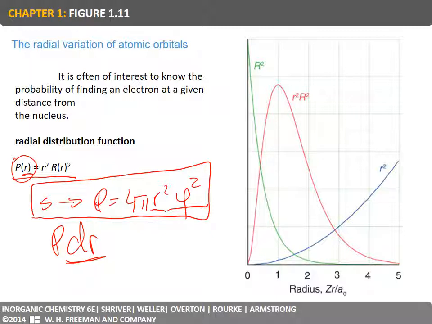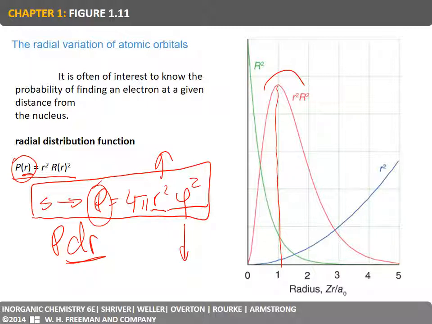As r squared increases, our wave function decreases. Therefore, there is a value of r at which it goes through a maximum. What does this mean? Well, it is the probability, right? So there is a certain distance at which the probability of finding the electron is at its greatest.